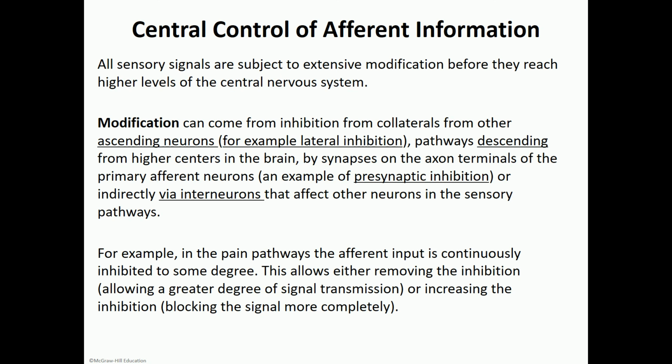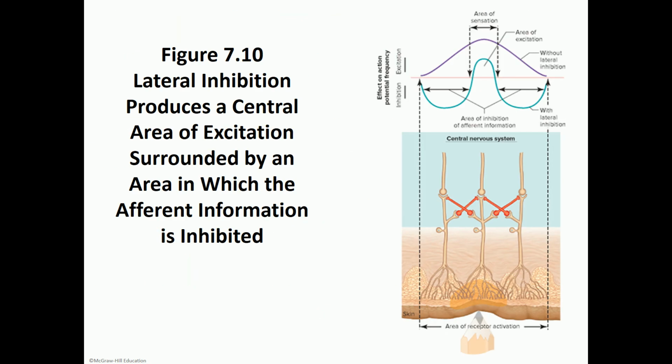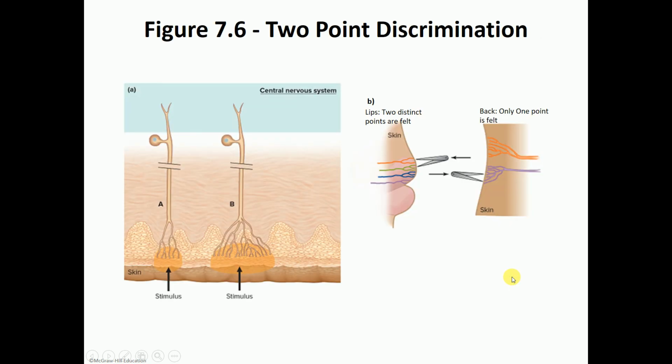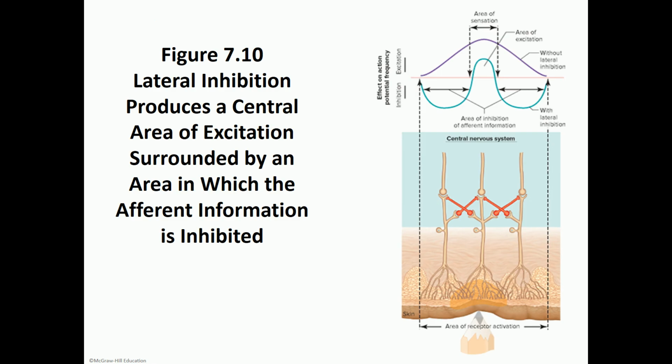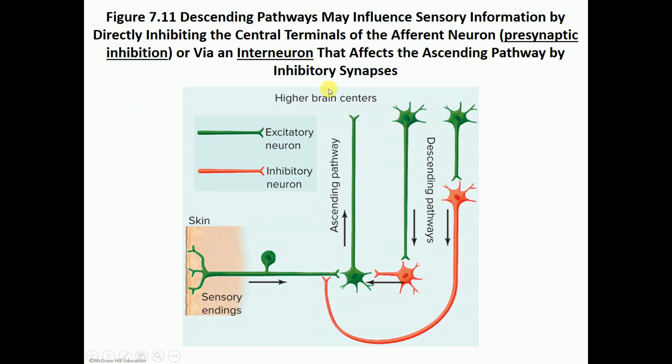Now that's known as the central control of afferent information. So when we talked about this lateral inhibition, this is pretty much happening at the level of these primary neurons, or these first neurons, okay? While these are happening at a higher level, so this is what the CNS is doing.